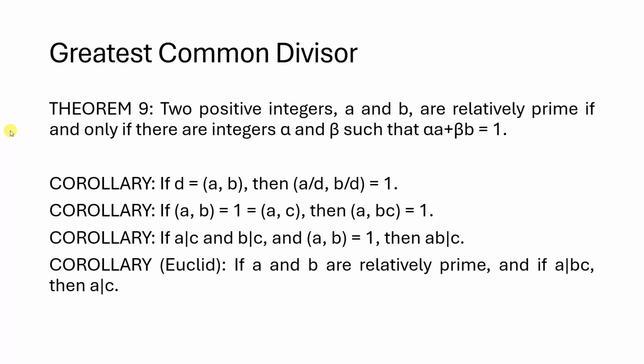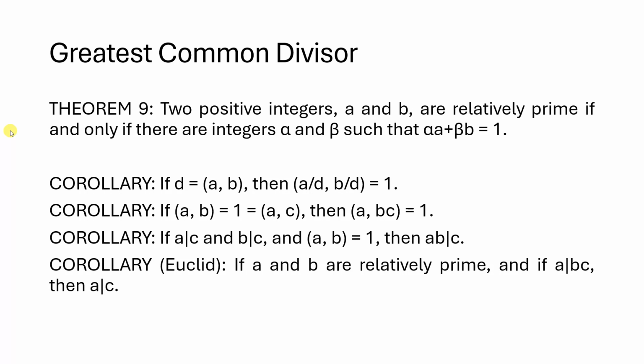So with this, we could have the corollary. If d is the GCD of a and b, then the GCD of a over d and b over d is equal to 1. Another, if the GCD of a and b is equal to 1, and also the GCD of a and c is 1, then the GCD of a and bc is equal to 1.